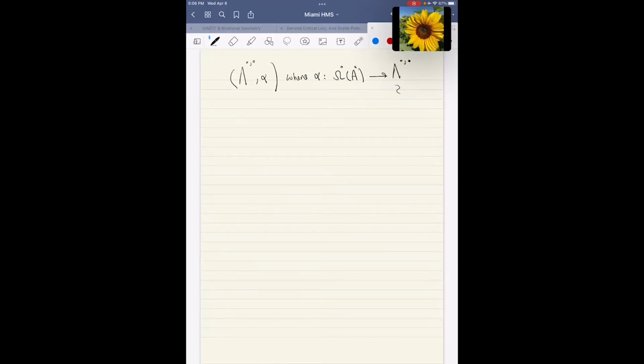Okay, so this is a bigraded complex itself, and it's a bigraded mixed complex over C. That's it.